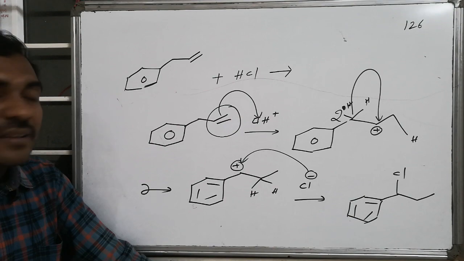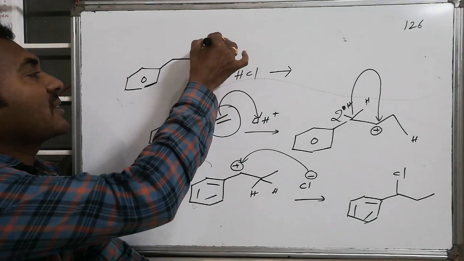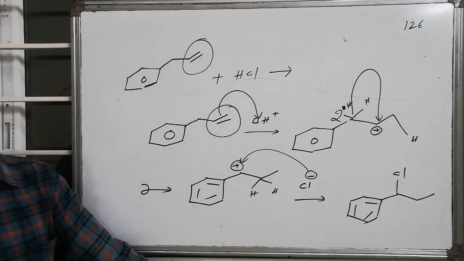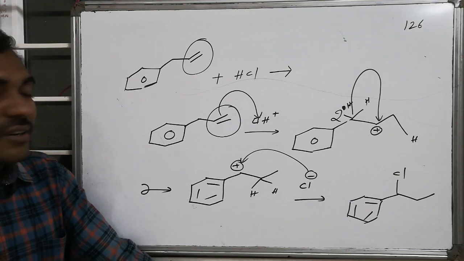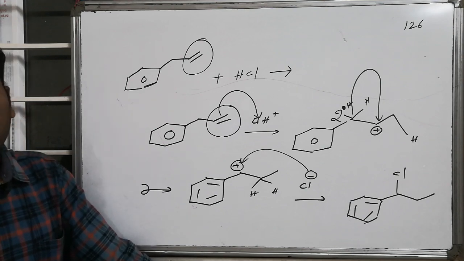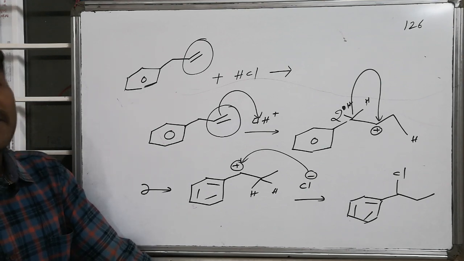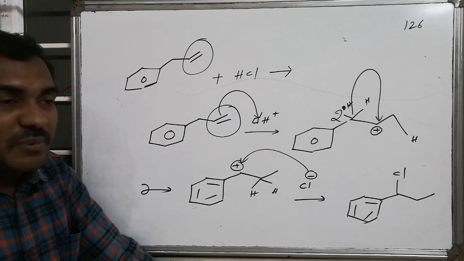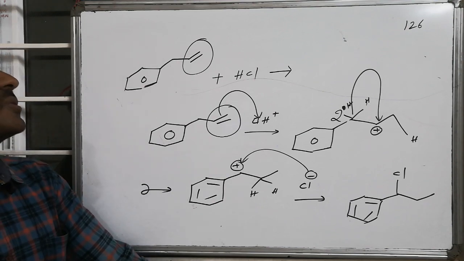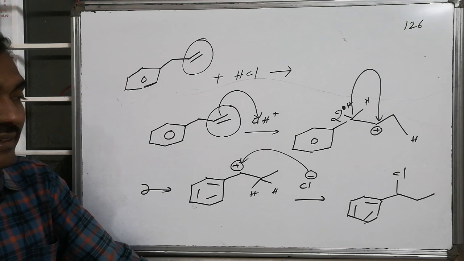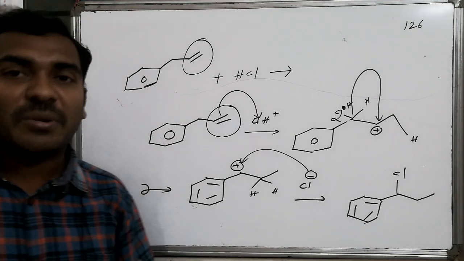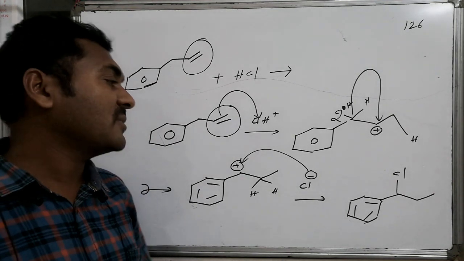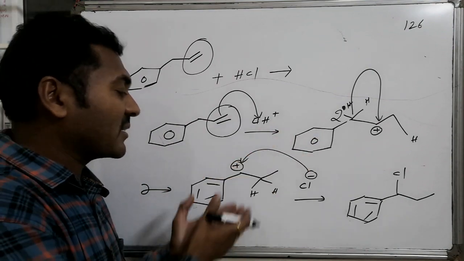It is not the place where Cl is connected over the double bond. HCl is not connected over the double bond. It is not regio-specific; it participates in the other part. So the chlorine attack takes place on the carbon where the most stable cation is present. That cation is formed under resonance.